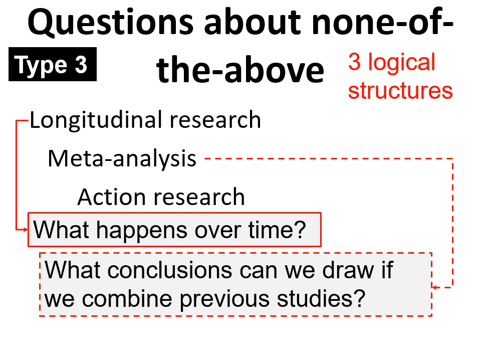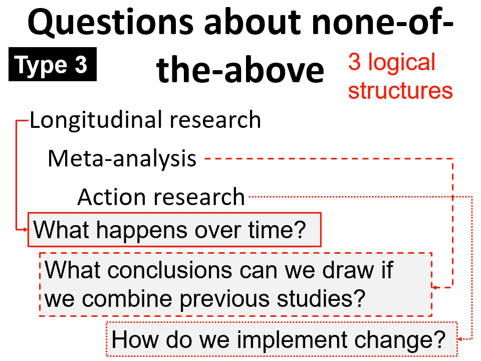And then there's something called action research. Spickard summarizes that as asking the question of how do we implement change? So some interesting action research right now in the fall of 2020 might be how do we most effectively teach 2P21 students how to write a literature review?